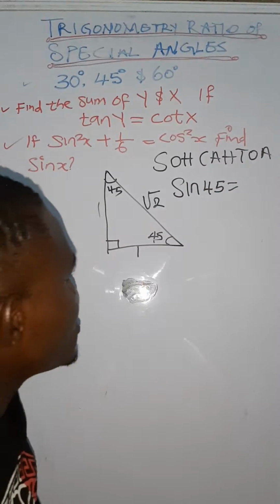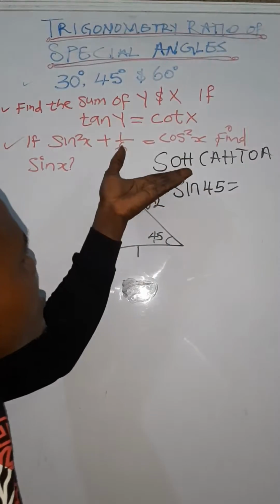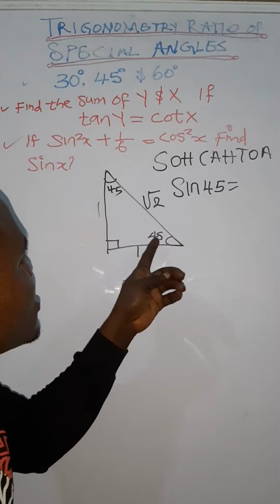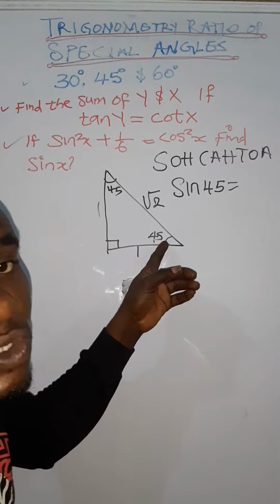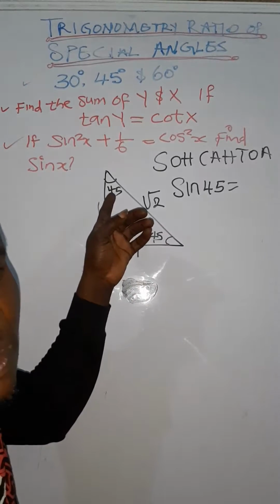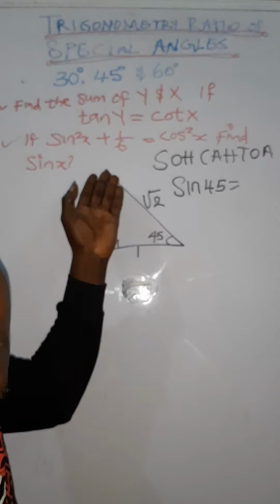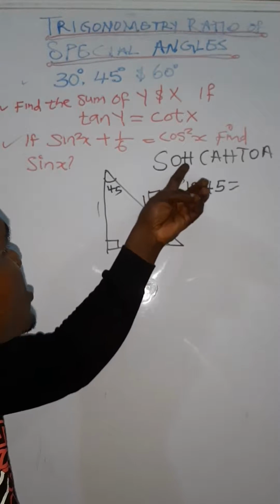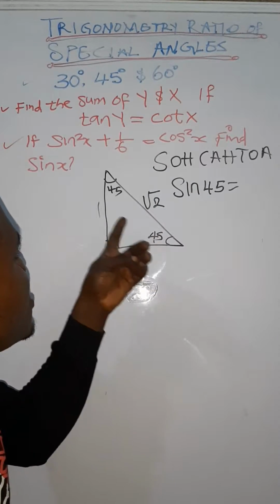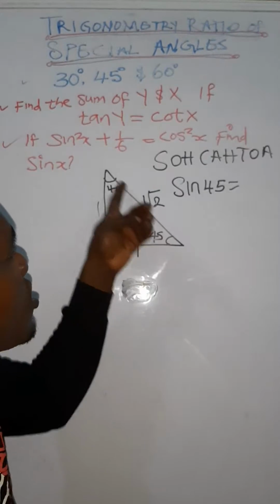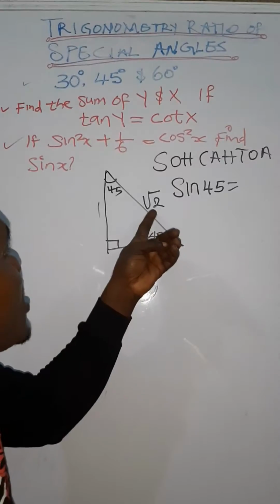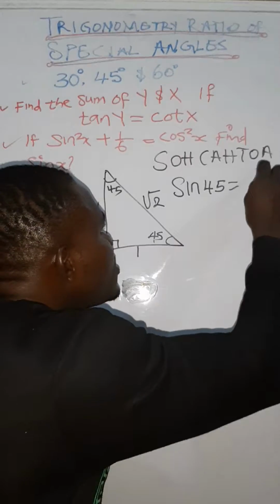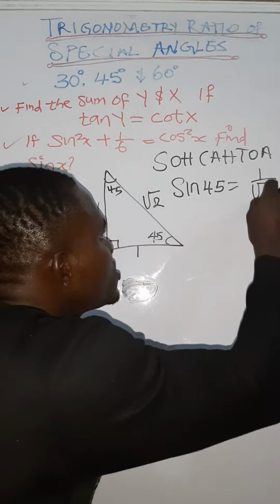So sine 45 is opposite over hypotenuse. Either if you choose this angle or this one, it is going to give you the same answer because they are the same angle. Standing here, since I'm dealing with sine, opposite over hypotenuse, here is opposite, and the longer side of this right angle triangle is the hypotenuse. So opposite over hypotenuse gives 1 over root 2.